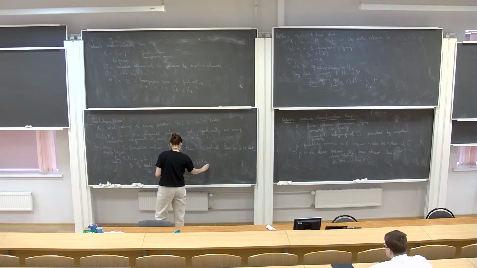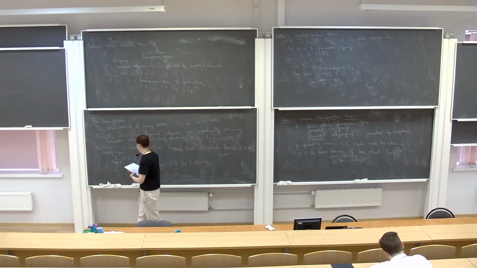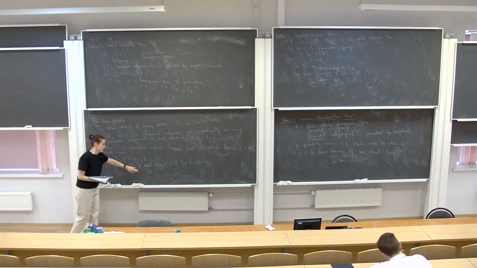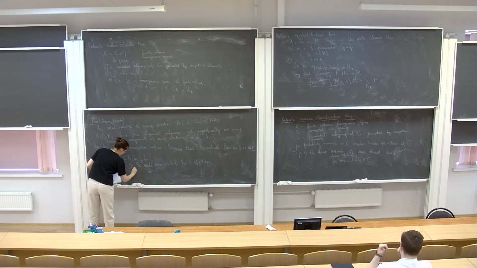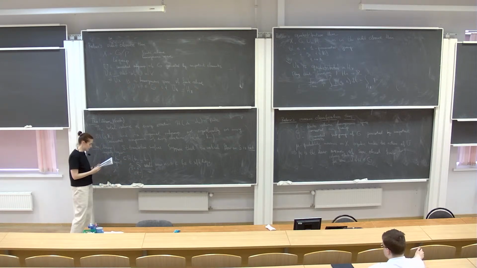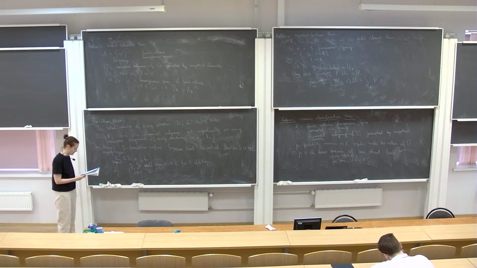So if you want, you consider the action on S of a diagonal subgroup given by e^t, e^-t, and it eventually leaves any compact set.